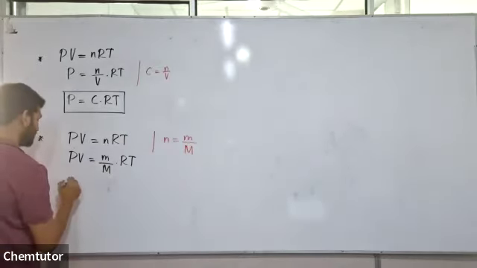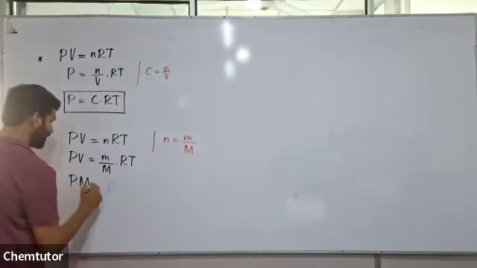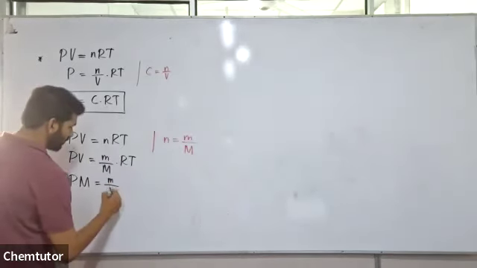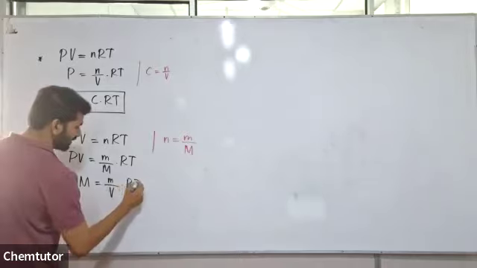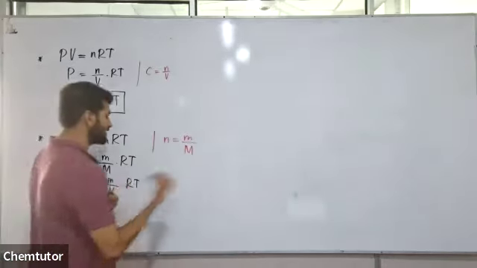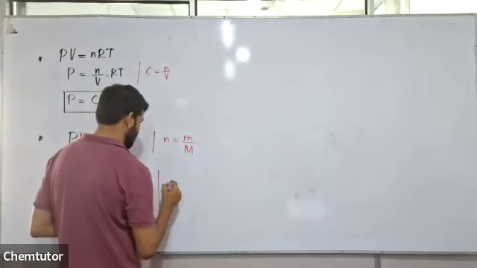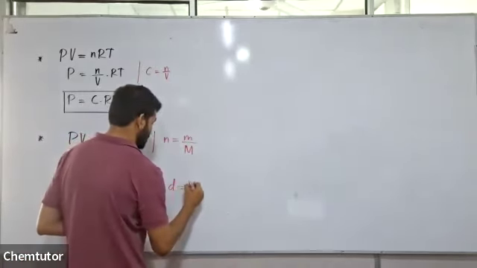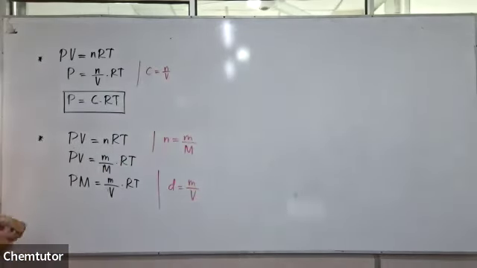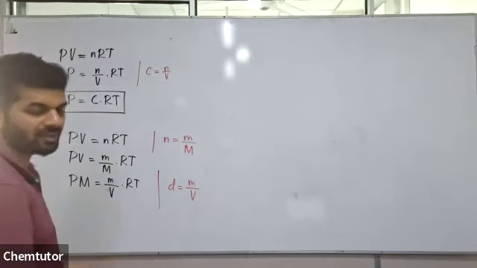Take m to this side, and M stays the same: mass divided by volume times RT. So what is mass divided by volume? Density. Density equals mass divided by volume. So we can rearrange this one. We can say that PM equals DRT, no?